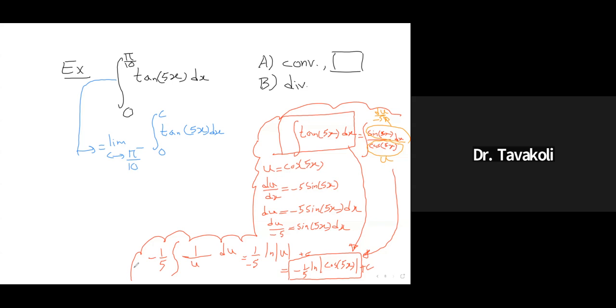Okay, now let's see what we have here now. The limit as c tends to pi over 10 from the left side. We just found the antiderivative of tangent of 5x, which was -1/5 ln of absolute value of cosine of 5x. And I need to evaluate at 0 and at c.